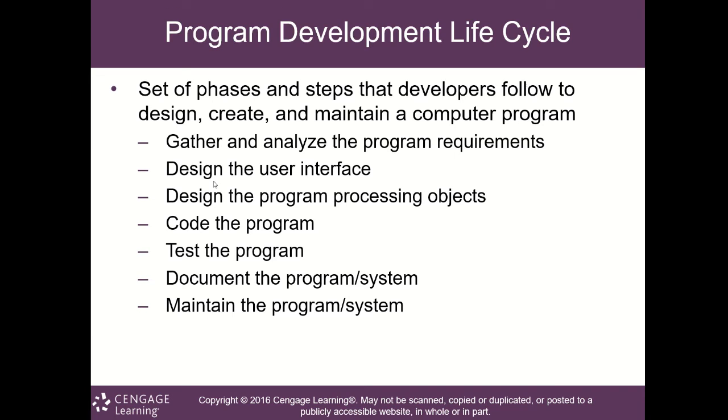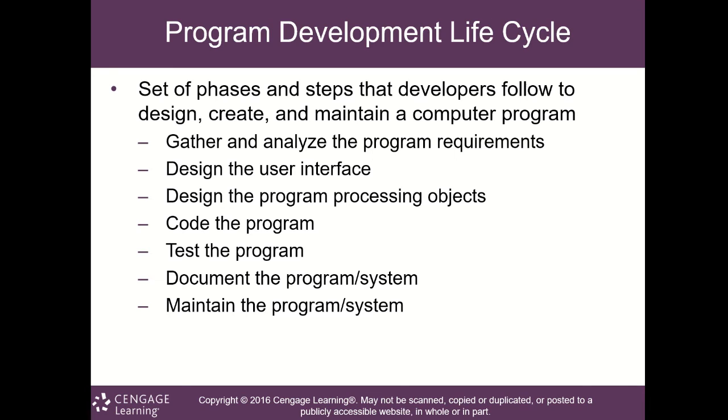So what we did here, we developed some simple Windows form, but whatever we have done can be referred back to the development life cycle of the program, right? So you need to set the phases. First, gather and analyze the program requirement.